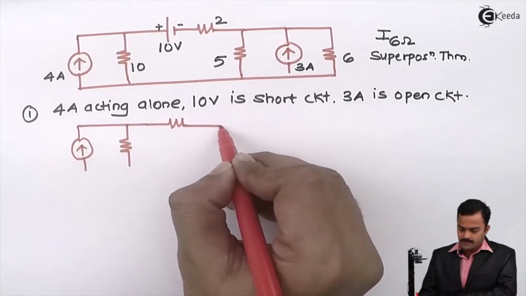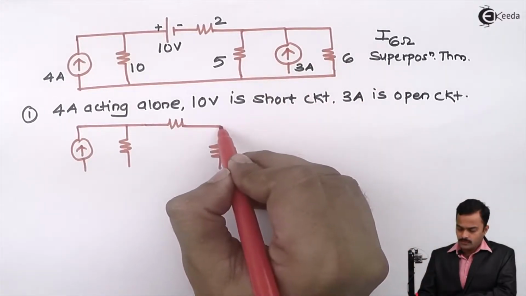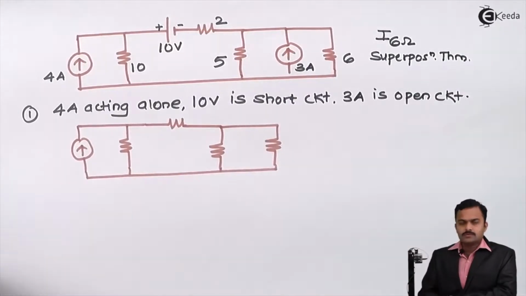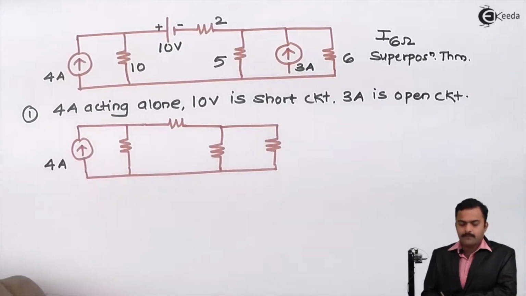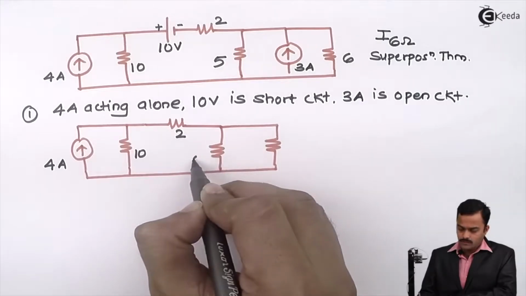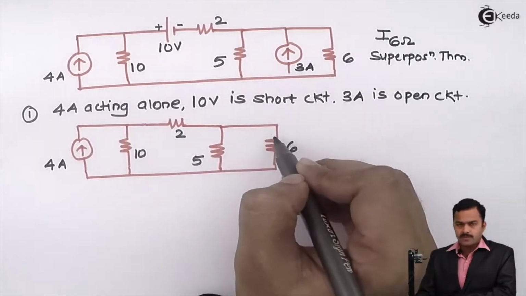Ten volt is shorted, 3 ampere is open, so it will go. So I will get this structure: 4 ampere current source, 10 ohm resistance, 2 ohm, 5 and 6. The objective is to get this current.